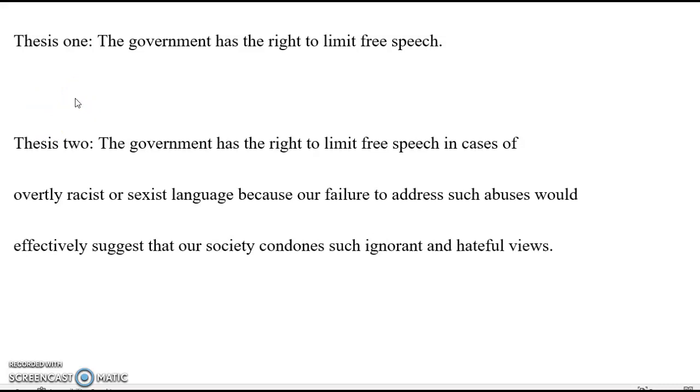One is, the government has the right to limit free speech. The next is, the government has the right to limit free speech in cases of overtly racist or sexist language, because our failure to address such abuses would effectively suggest that our society condones such ignorant and hateful views. So in thesis 1, it's obvious to see it is non-specific.